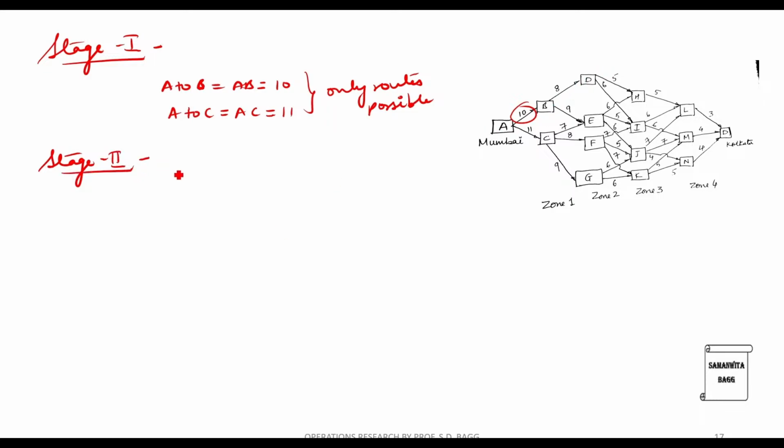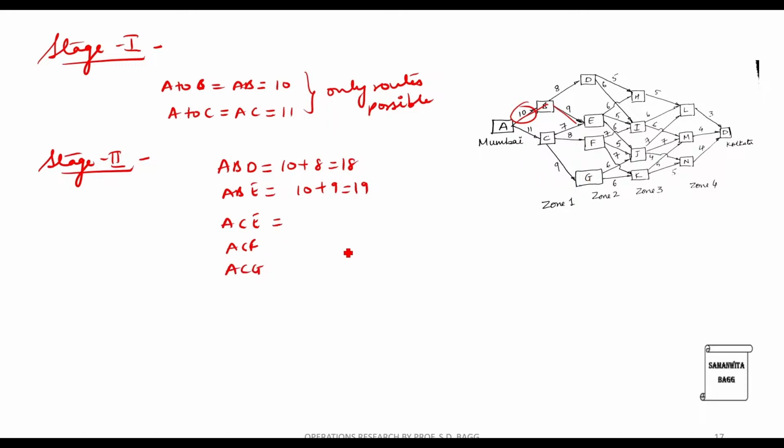A, B, and then he can go to D. So I will add 10 plus 8, that is 18. Or he may go from A, B to E. So this is 10 plus 9, that is 19. This is one possible. Similarly, you can calculate ACE, ACF and ACG.